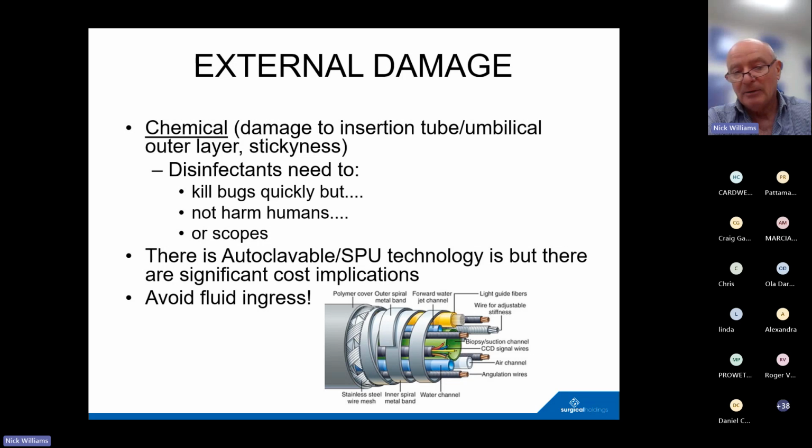If you get fluid inside that area, it can cause a lot of damage, particularly if it hits the electronic side of things, either the CCD or the wiring. I used the example of a laser fiber: if you put a laser fiber through there and it pierces the channel, and the fluid gets into that area of the scope, that can cause significant problems.